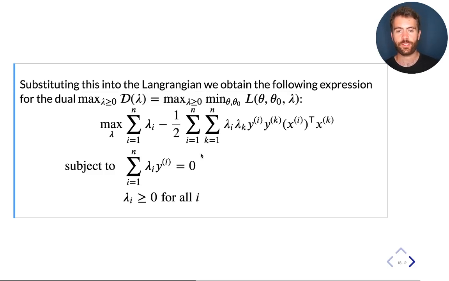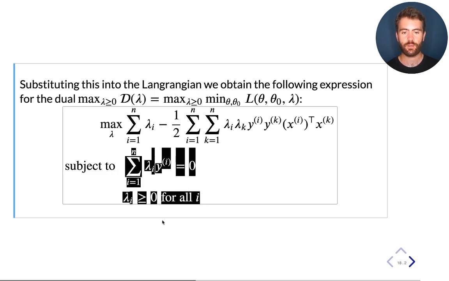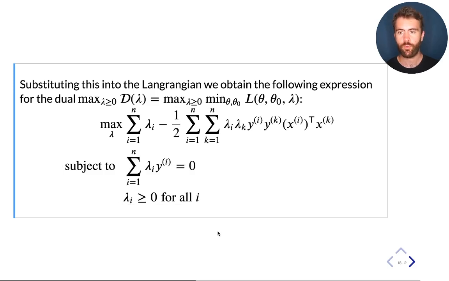And now the only thing is, in addition to having this form, I also have to make sure that the lambdas are always positive, and that the following constraint holds. So this constraint, we saw that it has to hold. We derive this by setting the optimal theta.